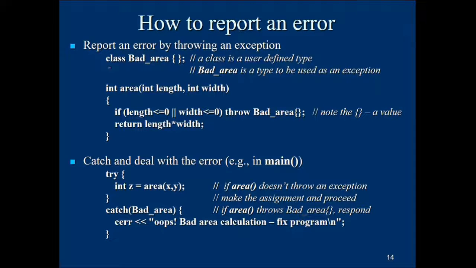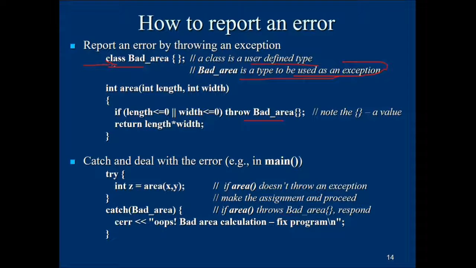This is a class. A class is actually a user defined type. We'll be discussing this in a later session. So in a class, bad area is a type to be used as an exception. How? If some problem is there, you can just throw bad area.